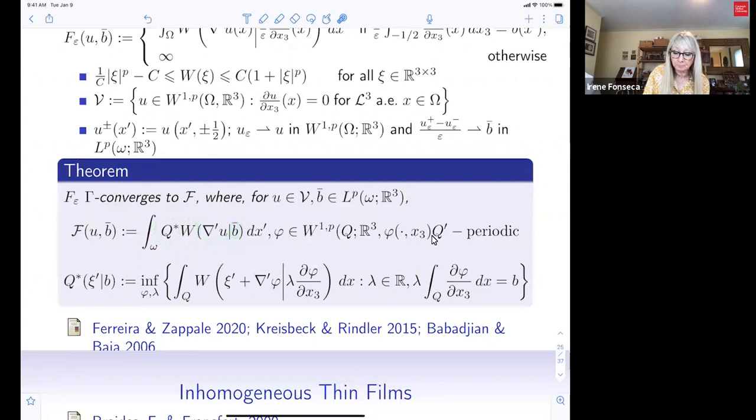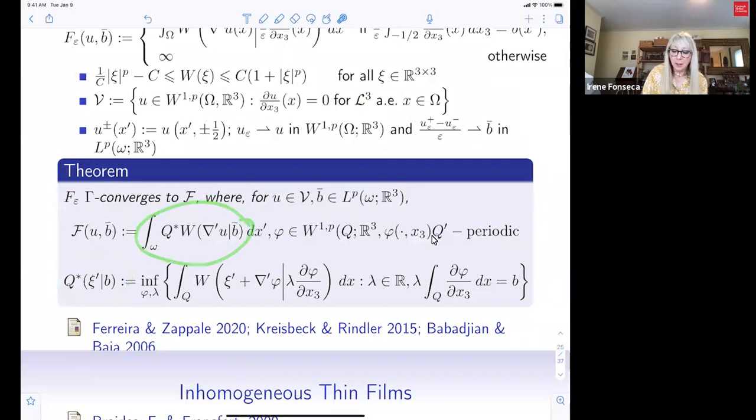So when the phi's are periodic, on the first two variables, this is the way you compute this new field.